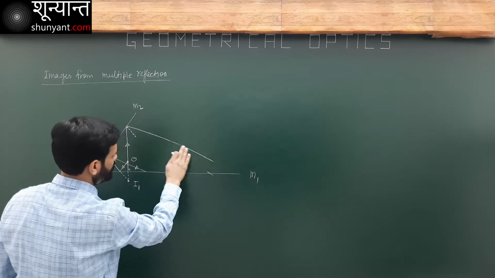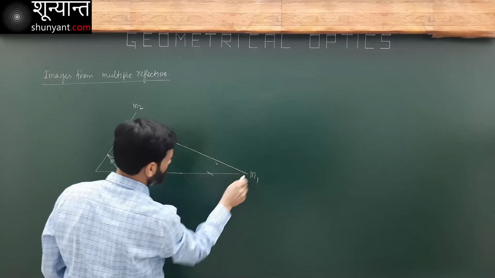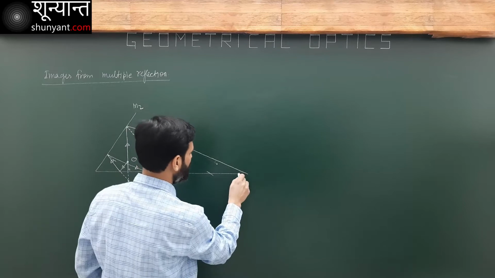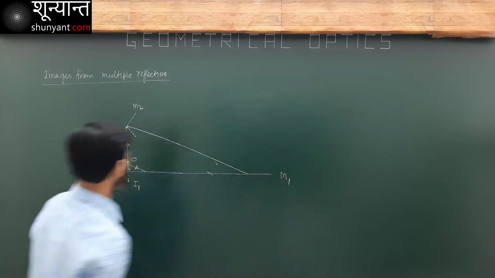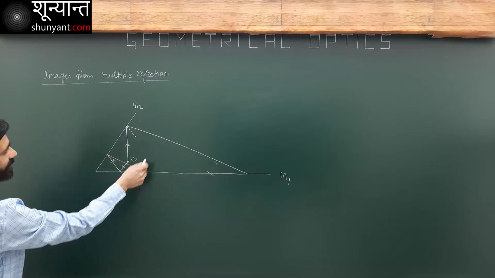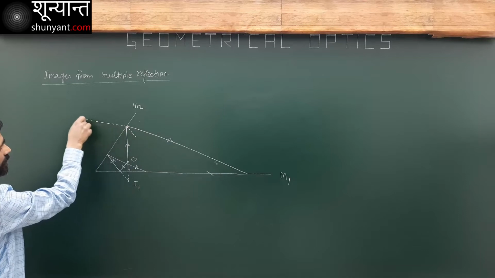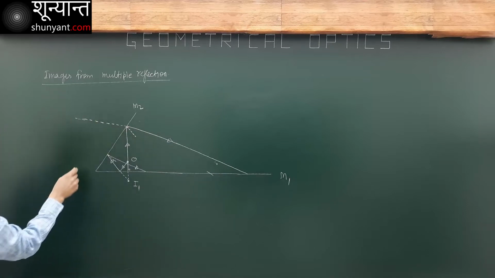I want them converging. So I am going to make some change in my diagram here. This is my first mirror like this here. If I extend these two backwards, do not worry too much about the diagram.